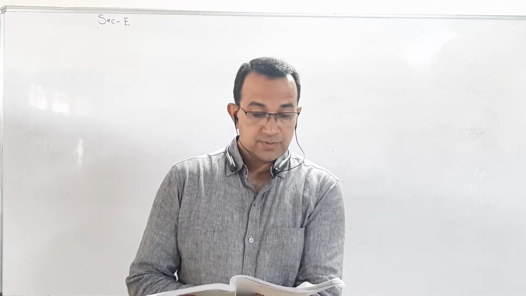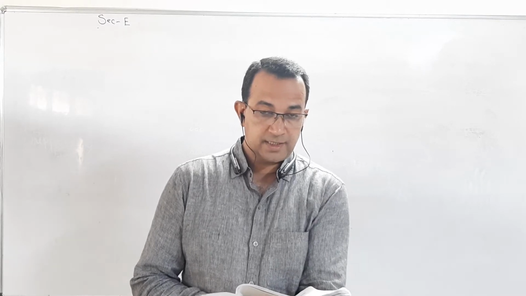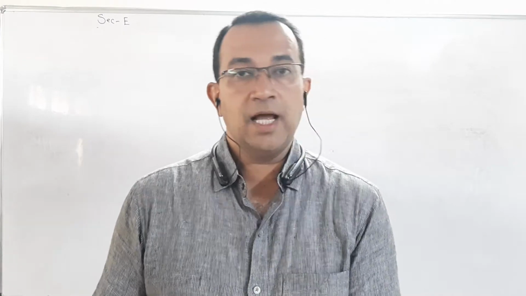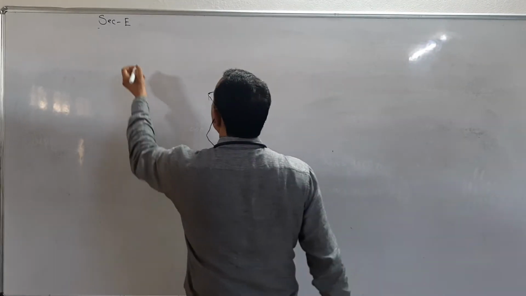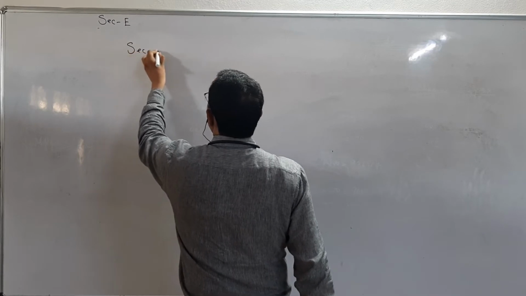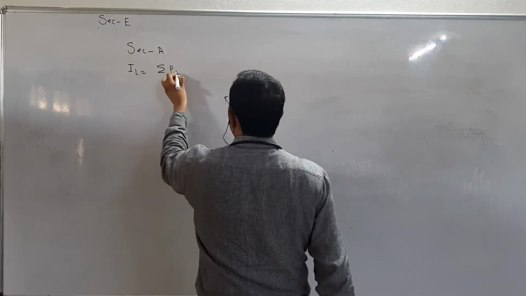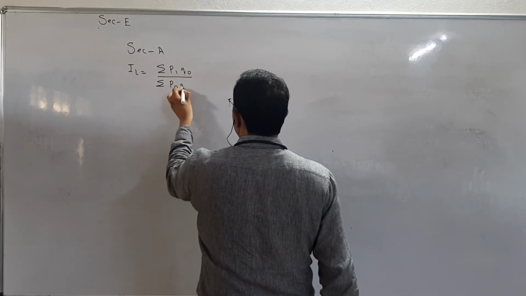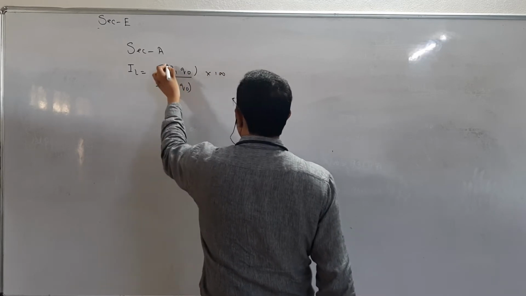Then which consumption is used in the calculation of Laspeyres index number? Students, in the Laspeyres index number, our formula is IN equals sigma P1 Q0 upon sigma P0 Q0 into 100.